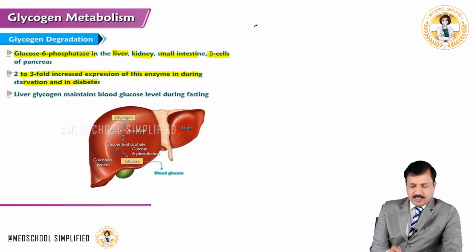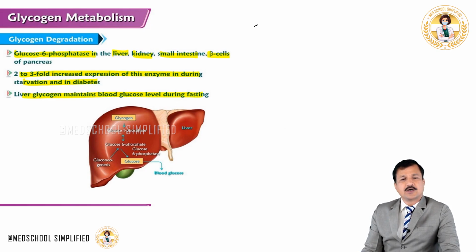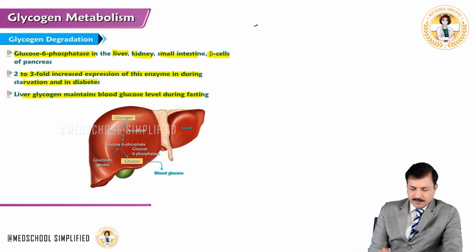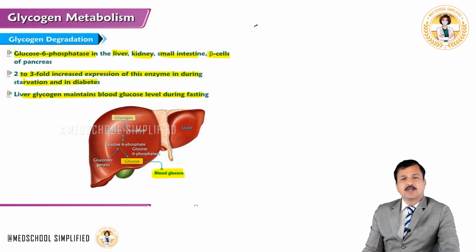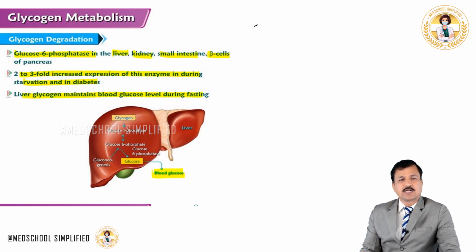Also, liver glycogen maintains blood glucose level during fasting, because the purpose of the glycogen degradation going on in the liver is to make glucose, and glucose is released into the bloodstream to maintain the blood glucose. That's the purpose of the glycogen present in the liver.